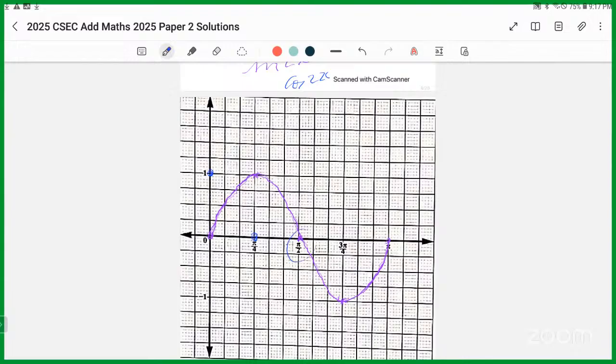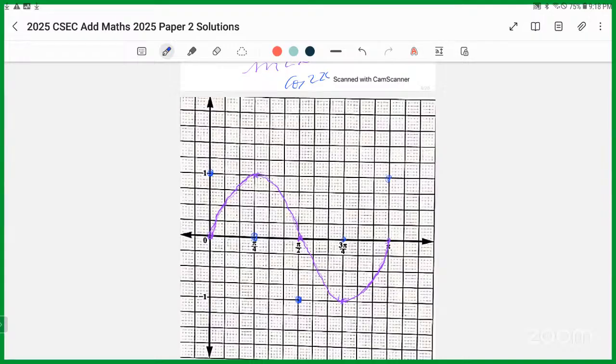Then this is pi by 2. 2 times pi by 2 is pi. The cos of pi is negative 1, so it turns down here. Then again, it passes through here similarly. And then this is pi, this is 2 pi. Cos of 2 pi is 1, just as the cos of 0 is 1, so it comes back up to here.